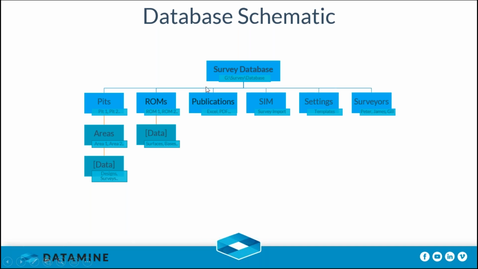Then you're going to have a publications folder where all your reports, which are automated, are exported to and stored. Then you've got the survey import module that takes care of all your survey datasets that you've imported from a GPS or a total station. Then you've got your settings folder. The settings folder will contain your Excel templates, which you can customize and edit to suit your operation.